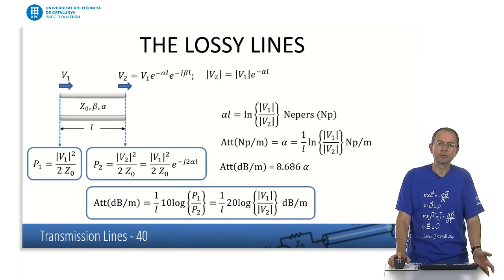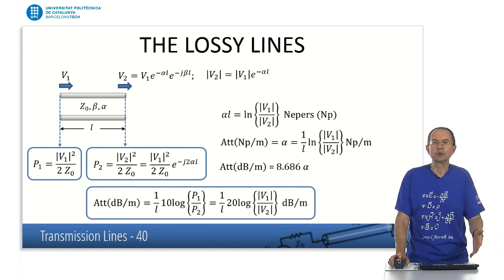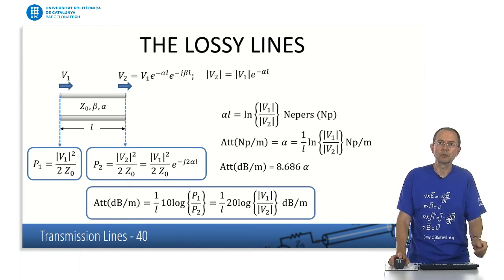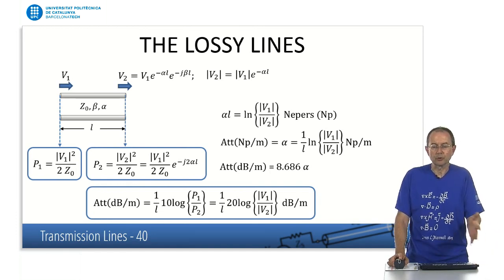It gives you a first design, and then if you have to actually model your losses because you have a long transmission line, or you need to calculate accurately what is the loss included in the line, you have to use the more general expressions and take into account the resistive and the conductance of your dielectric, your losses in general in your transmission line. And this is what this slide describes.